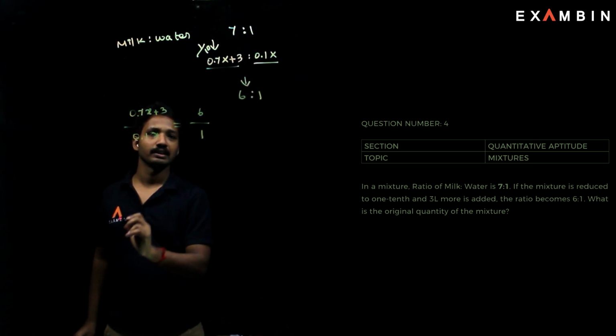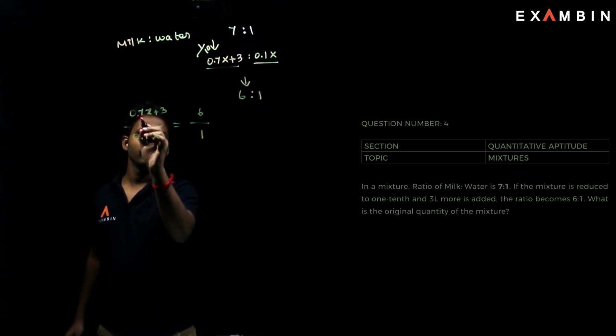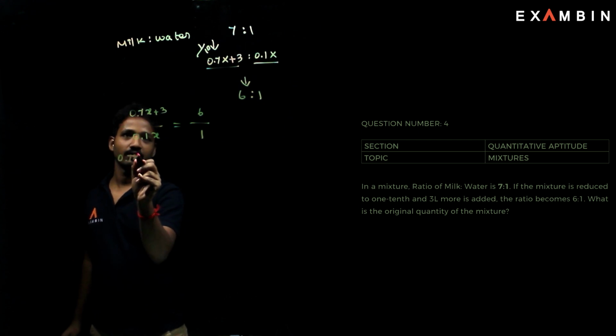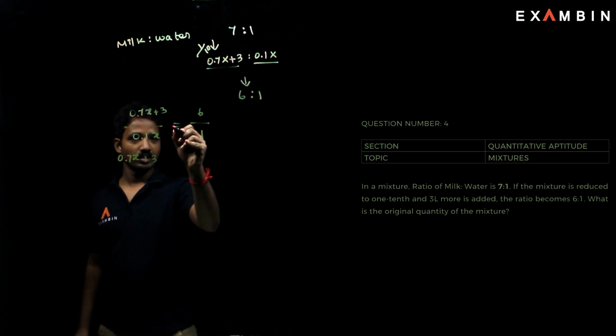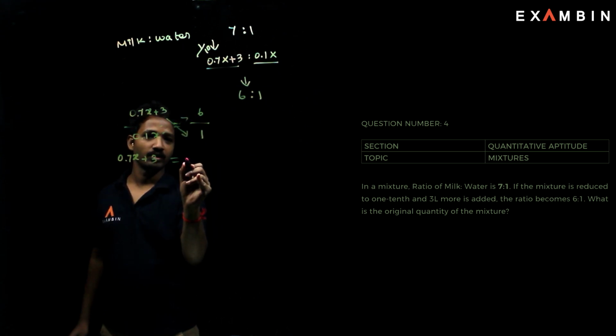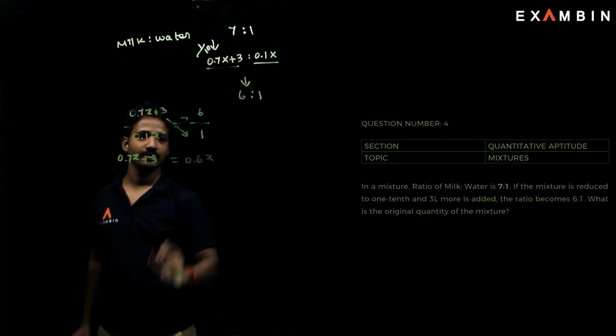So cross multiplying these things, 1 into 0.7x plus 3. 0.7x plus 3 is equal to 6 into 0.1x, 0.6x.